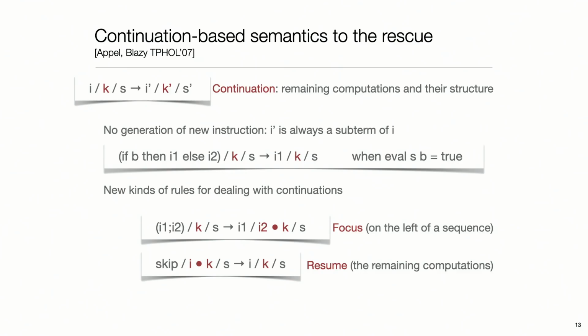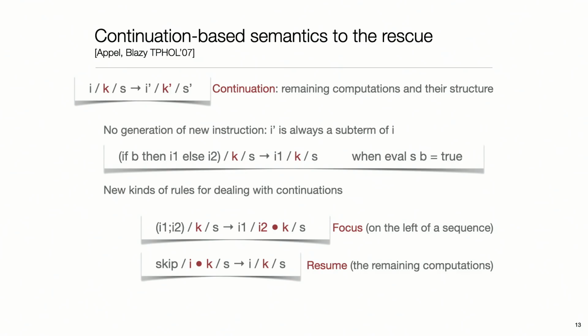So thanks to continuation, there is no generation of new instructions. So the reduced instruction is always a subterm of the initial instruction. And so, for instance, when we have an if statement whose condition evaluates to true, we now have a true reduction. The if is directly reduced into its then branch.